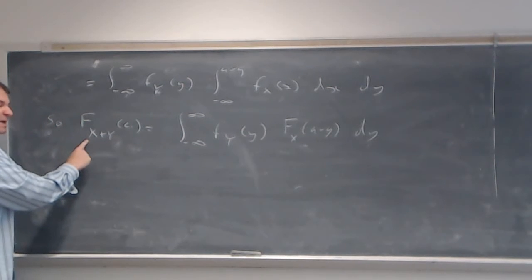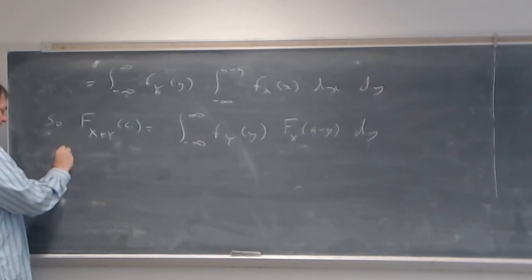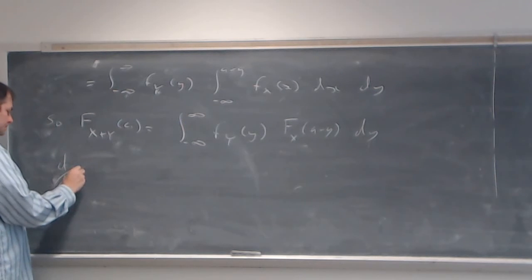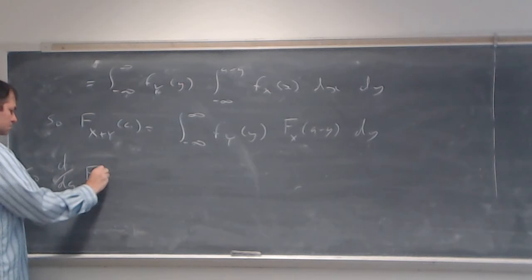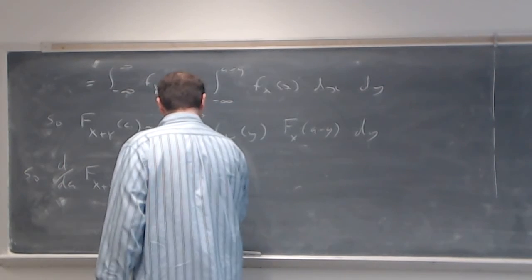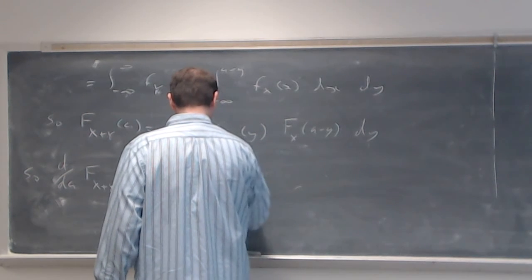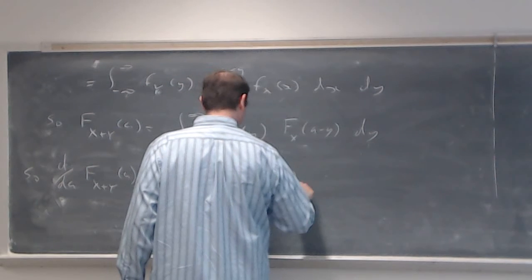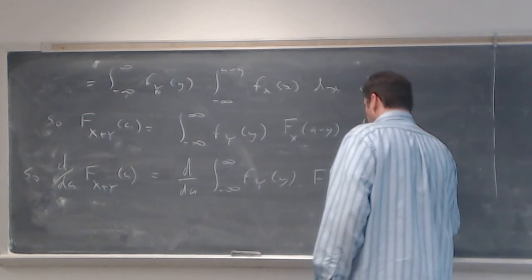Now, if you want to get the PDF from the CDF, where we have a continuous random variable, you differentiate with respect to the variable. It's about the fundamental theorem of calculus. And so I differentiate here with respect to a. Okay.